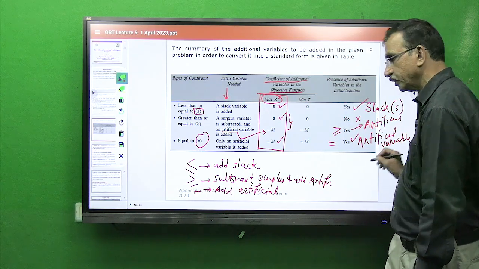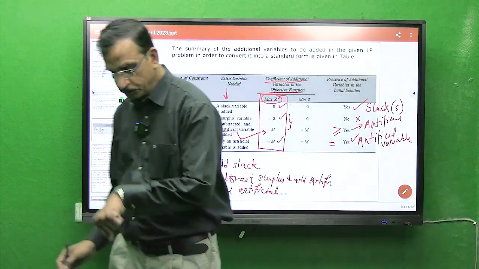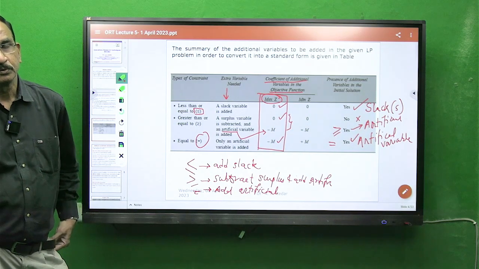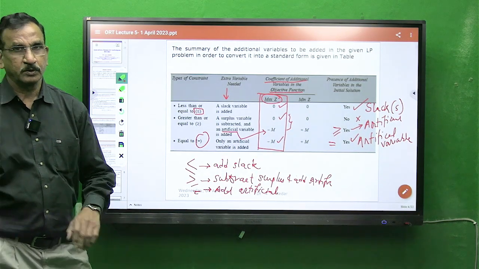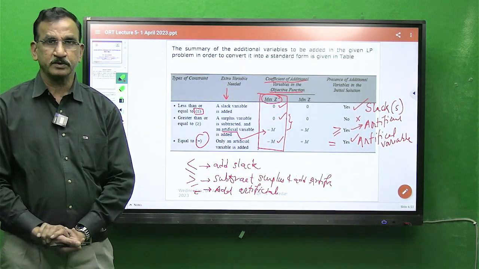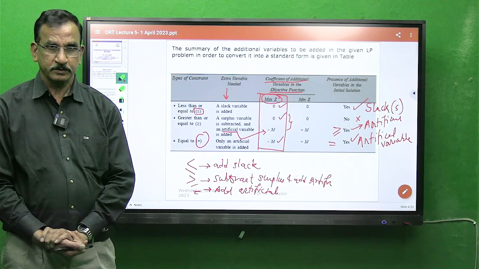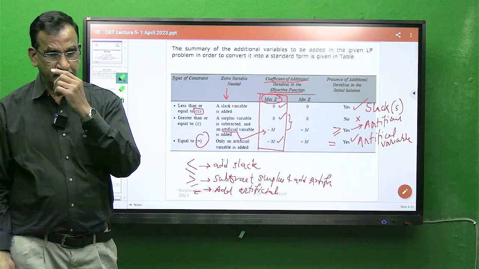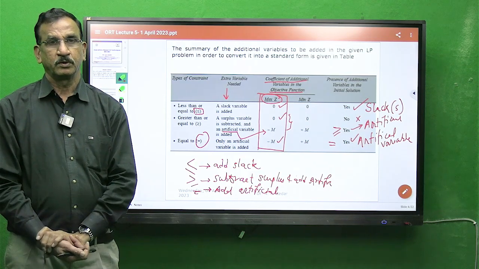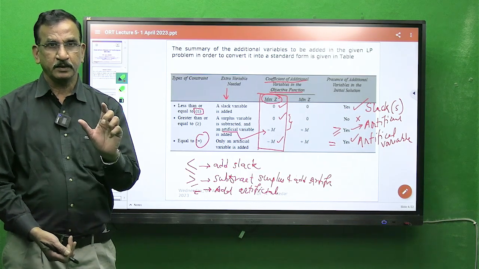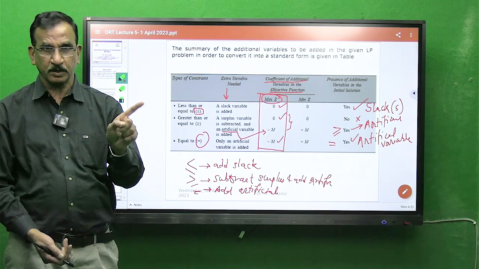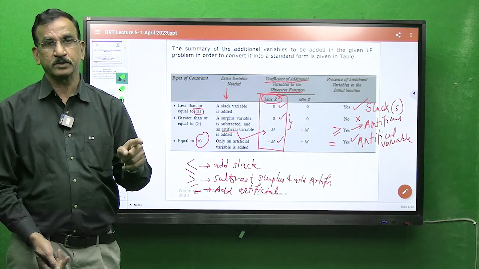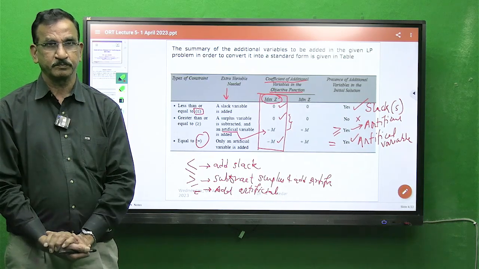So how do you have to remember? Simple logic. For less than or equal to, the initial solution variable is the slack variable, that is S. For greater than or equal to, you will be subtracting surplus S, adding artificial A, and the initial solution will be the artificial variable.